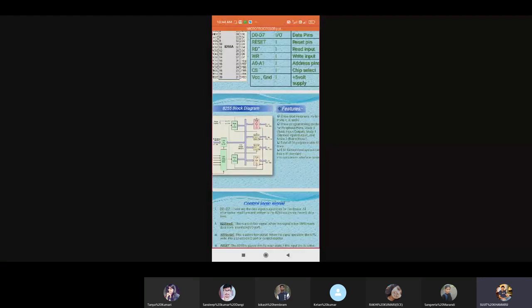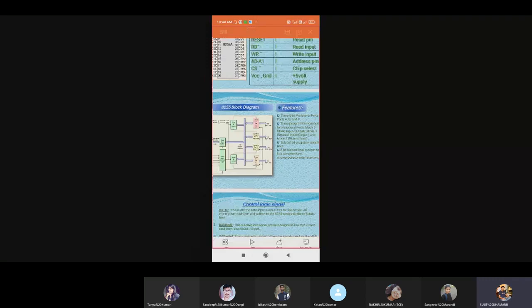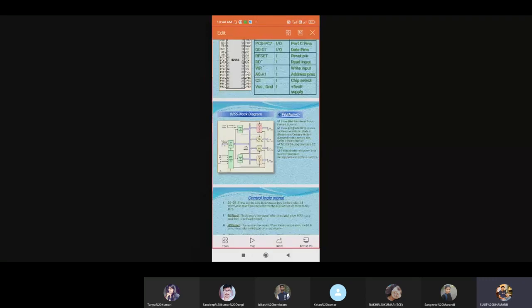So the features: there are three 8-bit peripheral ports, which are port A, port B, port C. Further, port C is classified into two groups, a 4-bit upper and a 4-bit lower: port C upper and port C lower. There are three programming modes for peripheral ports: mode 0 is the basic input output mode, mode 1 is the strobe input output mode, and mode 2 is called bidirectional mode.